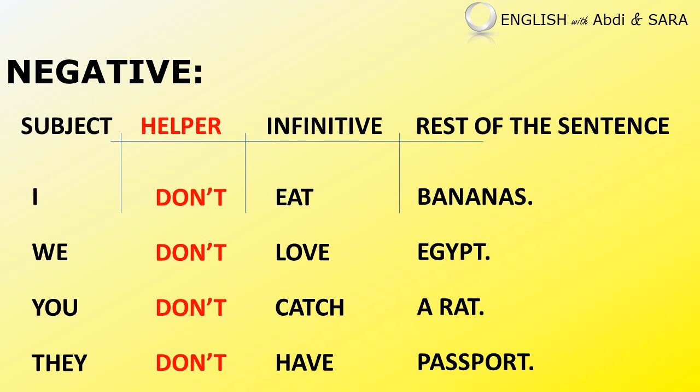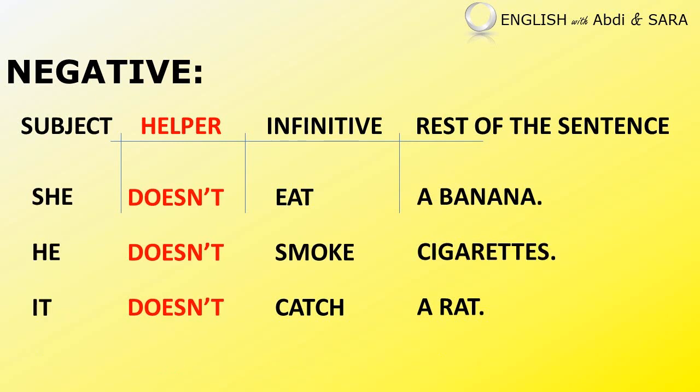The first group is I, we, you, and they. These ones take the helper don't. And then you add the infinitive. Do not add anything to the verb. Use the original form of the verb. If the subject belongs to the category she, he, or it, then you must use the helper doesn't. Again, do not add anything to your infinitive.